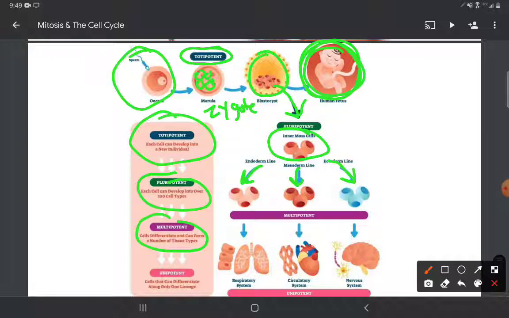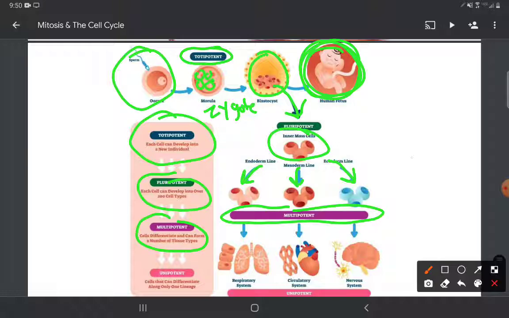Multipotent cells are cells that can differentiate and can form a number of cells, but they are limited. They are usually limited to a certain type of organ. And so if we wanted to repair a heart cell, we would want heart stem cells if we were to use multipotent.